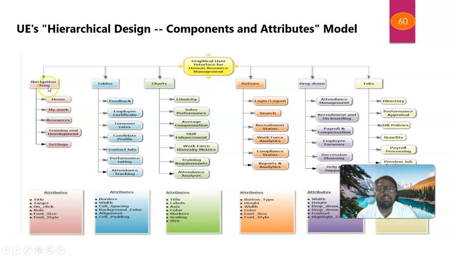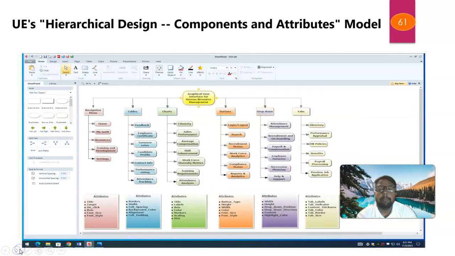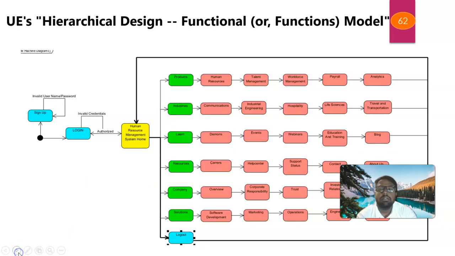There are components such as navigation menu, table, charts, button, and drop-down tabs, and the respective attributes are mentioned below the components. And this is the screenshot of the graphical user interface for our human resource management using SmartDraw.